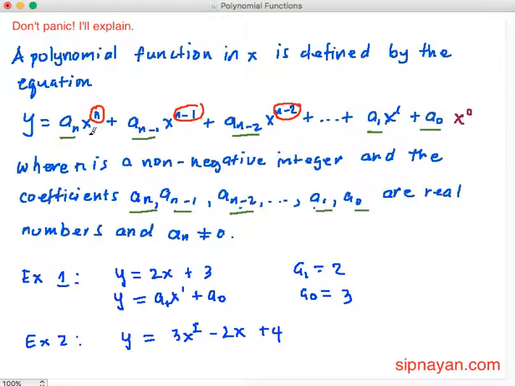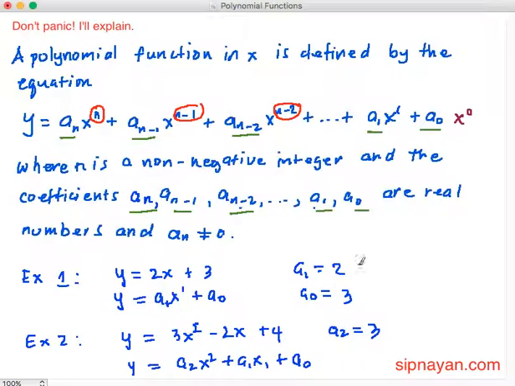Remember, we can have higher exponents, but here the highest exponent is 2. Ibig sabihin yung ating pinaka general equation natin dito is y equals a sub 2 x squared plus a sub 1 x plus a sub 0. So ang a sub 2 natin ay 3. Remember, plus lahat yan, so dapat maging plus din lahat to.